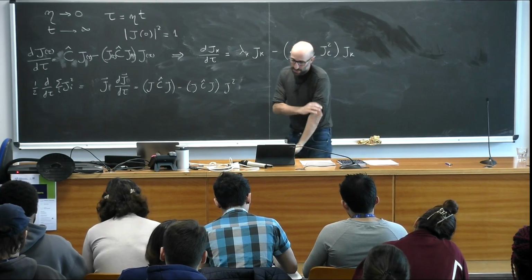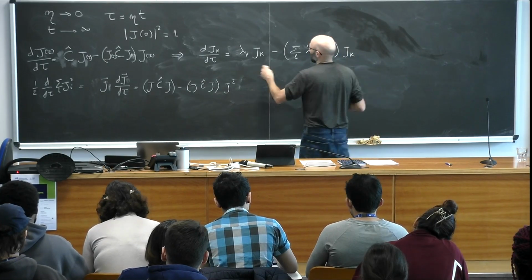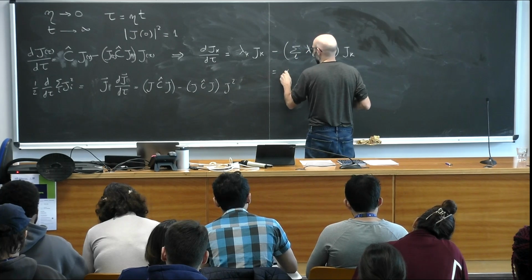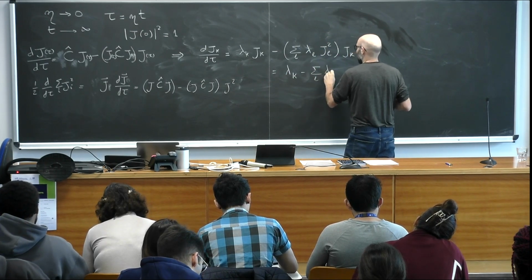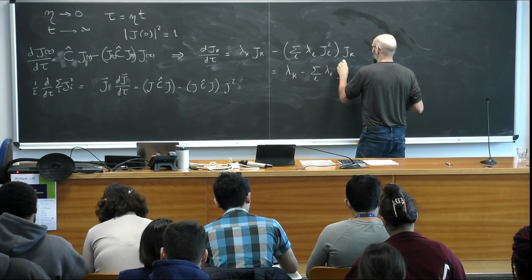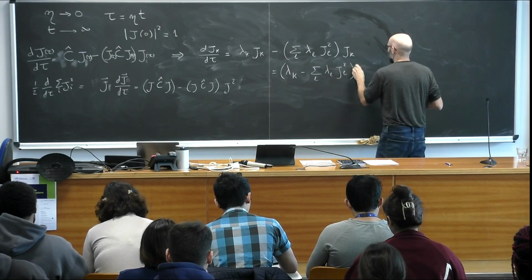So the derivative of jk is lambda k minus the sum over l of lambda l jl square, times jk.